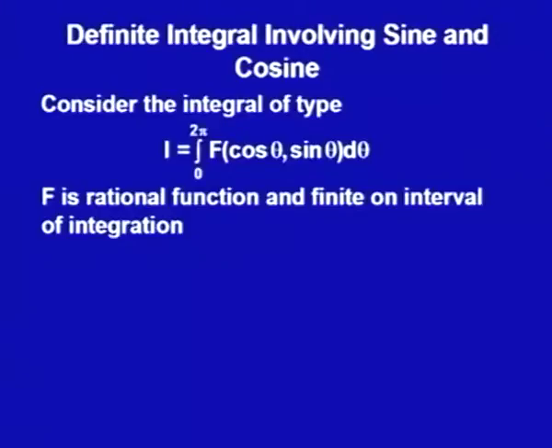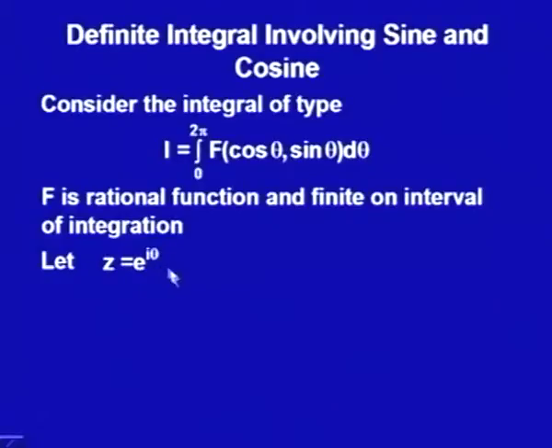Now, we would first change this real integral into a contour integral, or integral of a complex function, and then use the residue theorem to solve it. So, let us make the transformation z equals e to the power i theta.